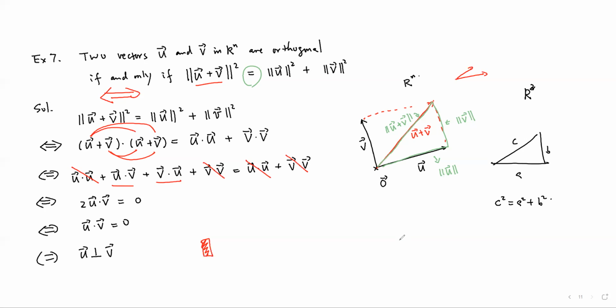For a general triangle A, B, C, we usually don't have this equation. Only when the triangle is a right triangle do we have the Pythagorean theorem.